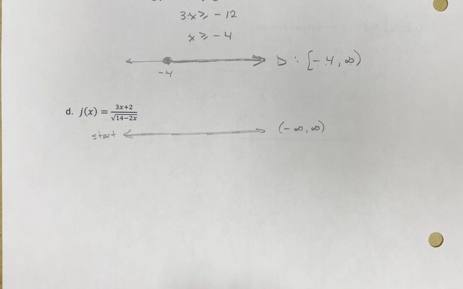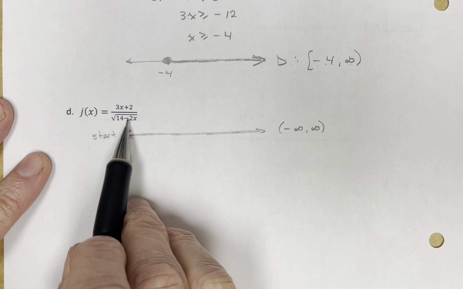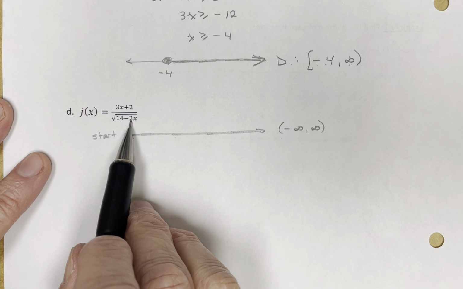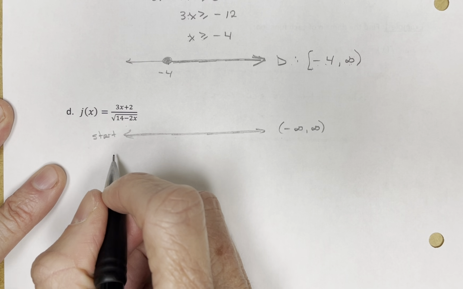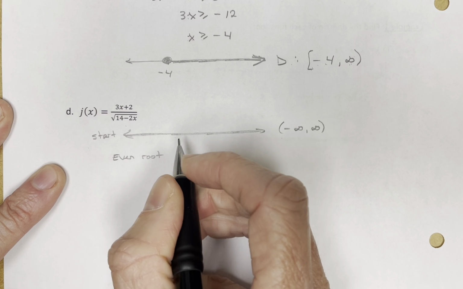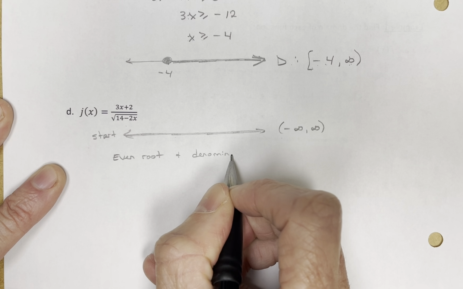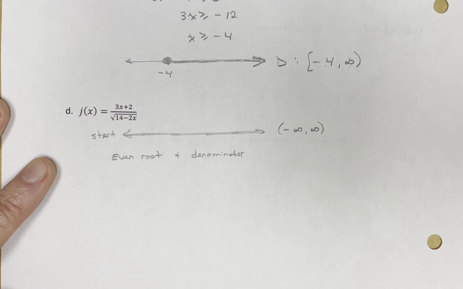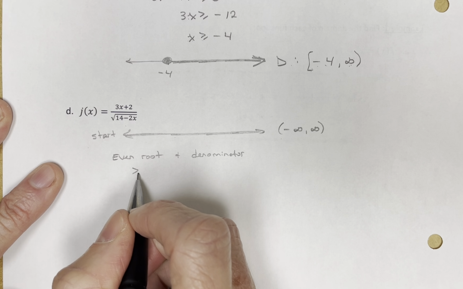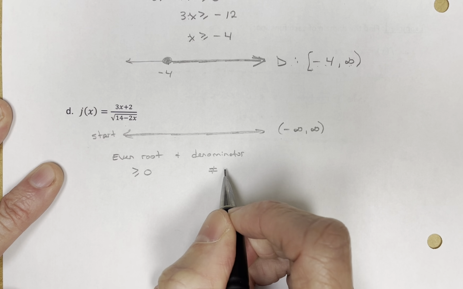And then I look at it, and I say, wait a second, not only do I have a denominator, but I also have an even root. So the even root says greater than or equal to 0. The denominator says can't be 0.